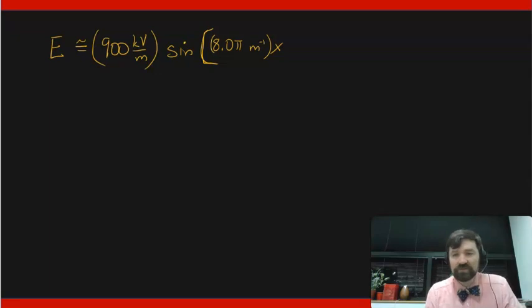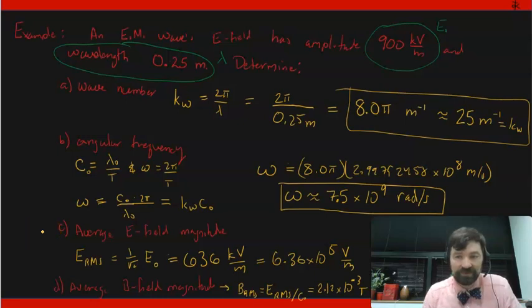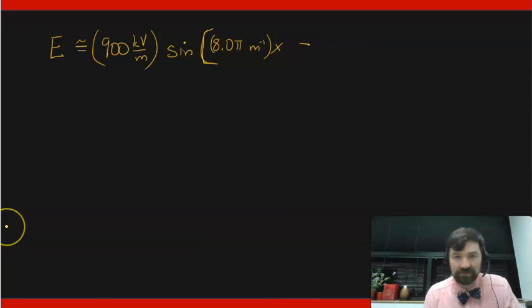And then if it's traveling to the right, it'd be minus. If it's traveling to the left, it's plus. We'll assume it's traveling to the right. And our omega was basically about 24 pi, 8.0 times 3 times 10 to the 8. So we could say like 24 pi times 10 to the 8 inverse seconds times t.